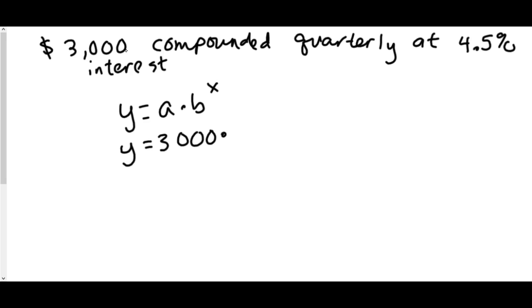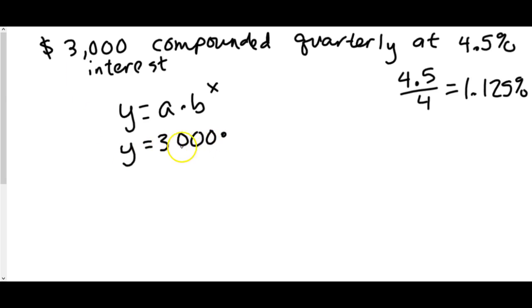Our interest rate is currently 4.5%. But if we're compounded quarterly, we're going to take that 4.5% and divide by 4. That gives us 1.125%. Now again, we have $3,000.